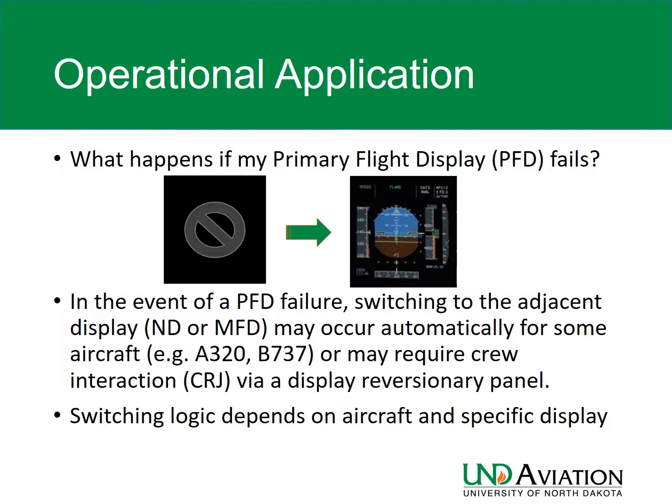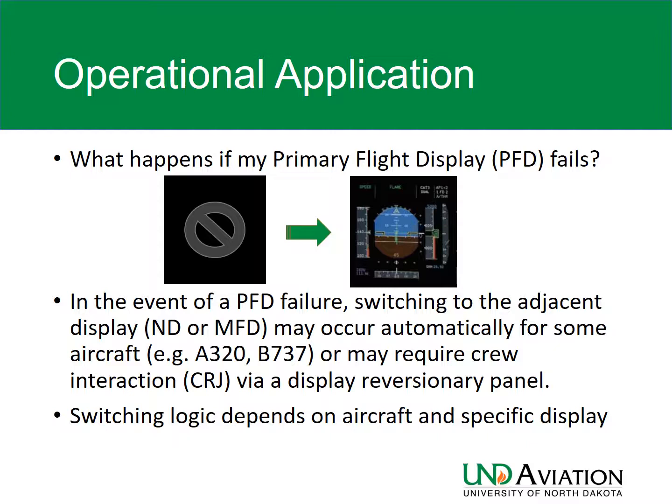However, I want to mention that on certain aircraft, for example, the A320 and 737, if a primary flight display fails, it will automatically switch over to the nav display. On a CRJ, if a PFD fails, the crew has to use the display reversionary panel to fix that.